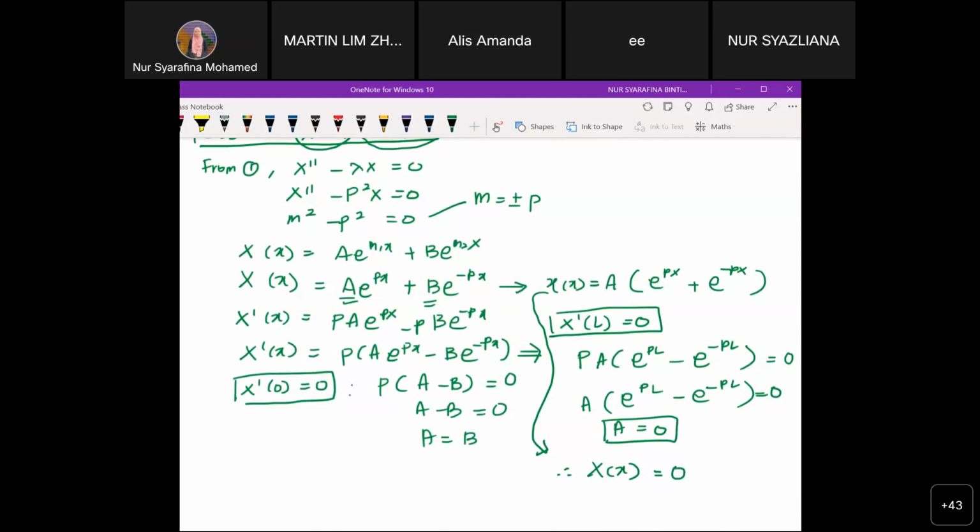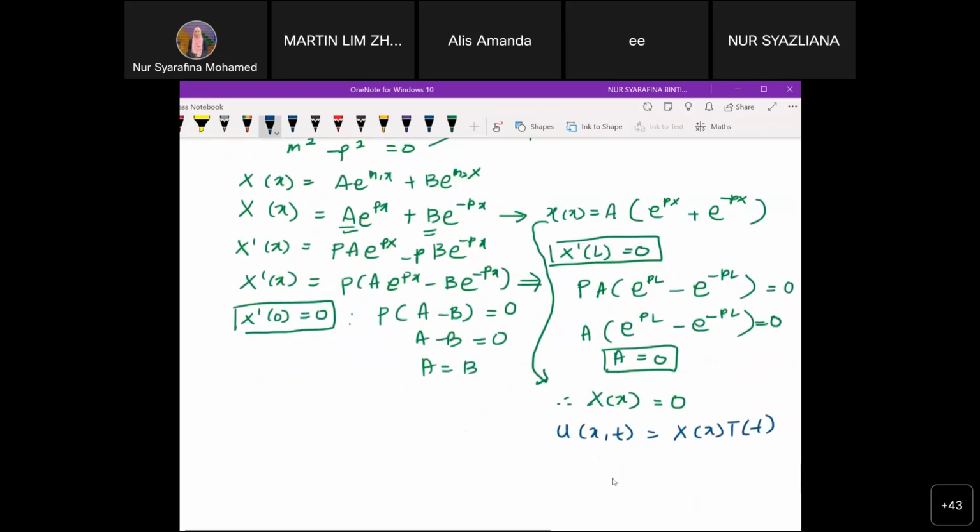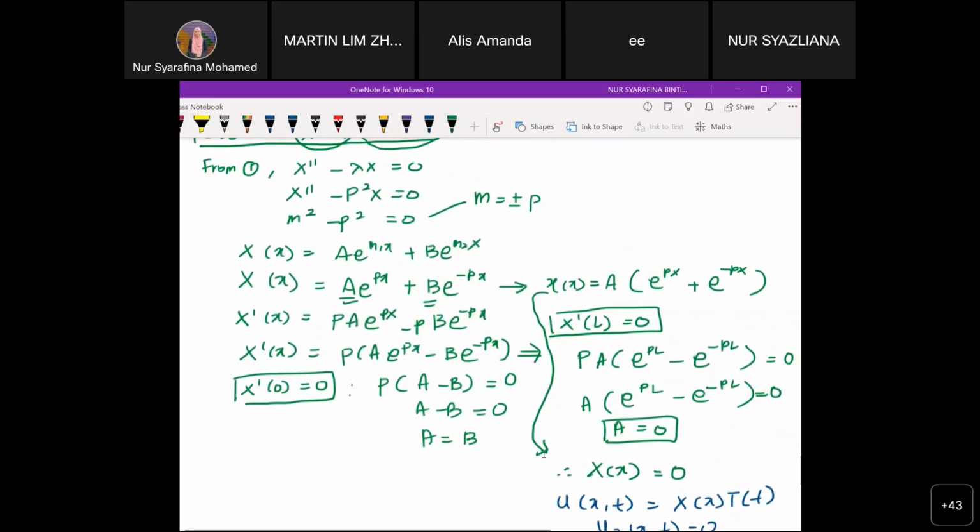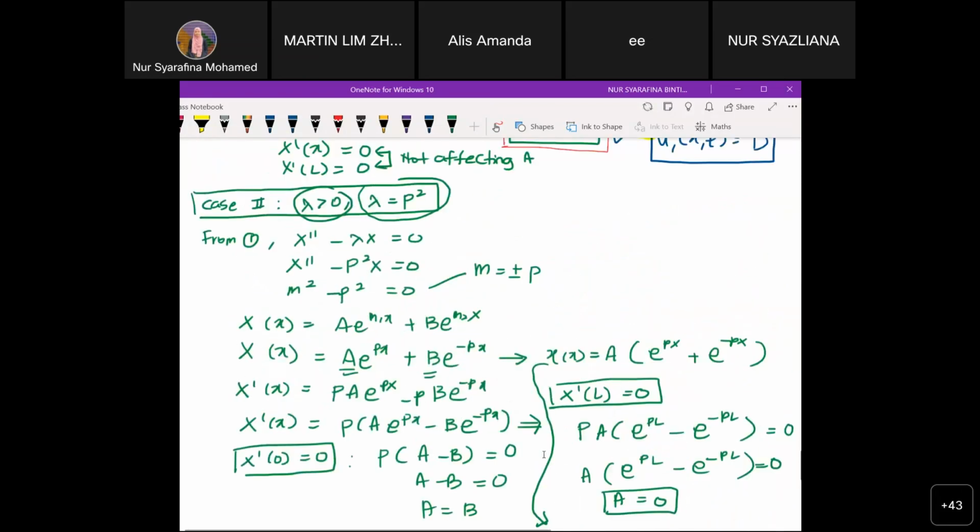Once you know that x is 0, and you know that the expected solution of u(x,t) is always equals to X(x)T(t), and since X is 0, no need to find T. So for u2, the solution of the second case, we just put no interest. When you get 0, then we put no interest. Is that clear for the second case? Any question?